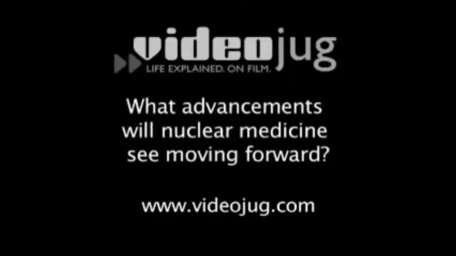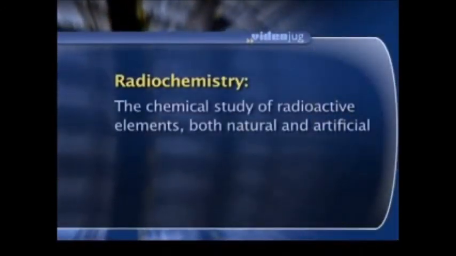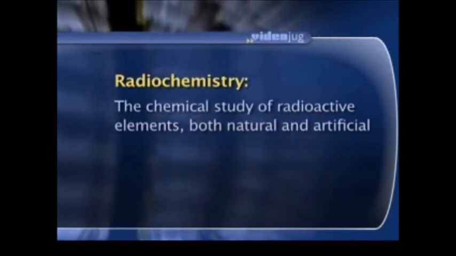What advancements will nuclear medicine see moving forward? Well, there is always a stride for new radio tracers, and that's why radiochemistry is very important in nuclear medicine. As we develop new tracers, we are able to look at other physiological processes that we haven't been able to look at very carefully or accurately in the past.